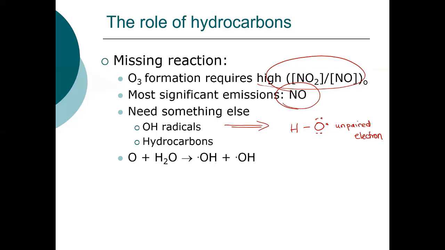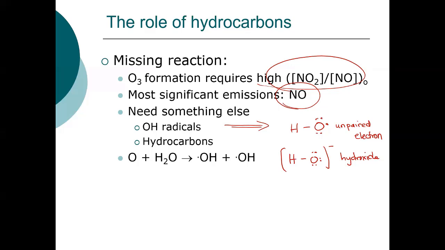We look at hydroxide. This is hydroxide. It has a negative charge, and it is not appreciably reactive. It reacts with H+, but it's not reactive in the way that OH radicals are reactive. OH radicals will react with just about anything.